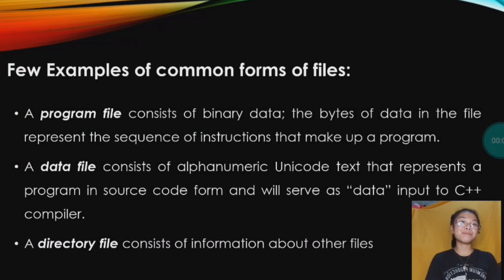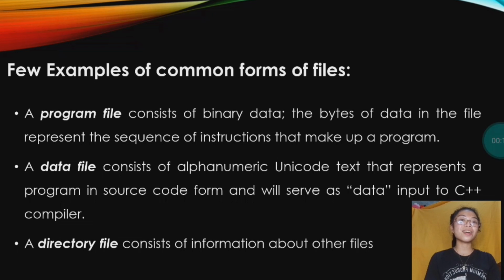There are a few examples of common forms of files. The first one is the program file. It consists of binary data, and the bytes of data in the file represent the sequence of instructions that make up a program. The second one is the data file.